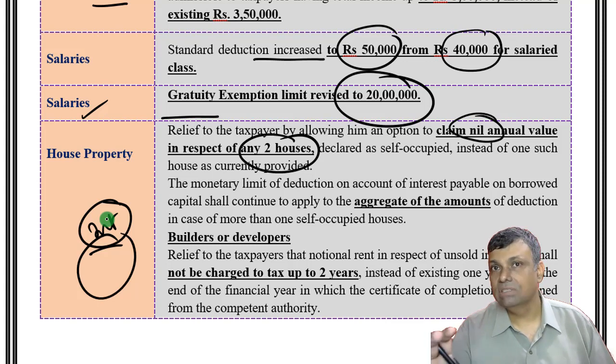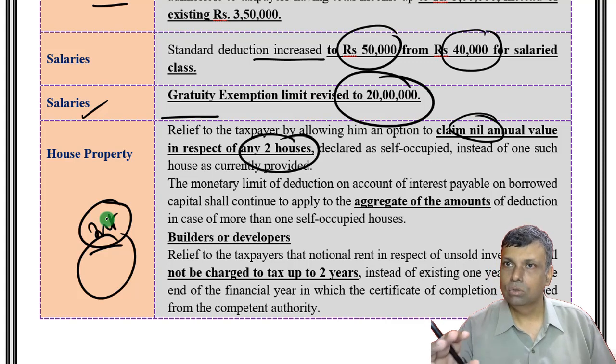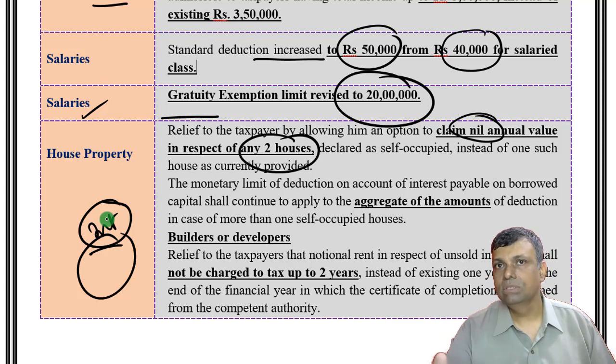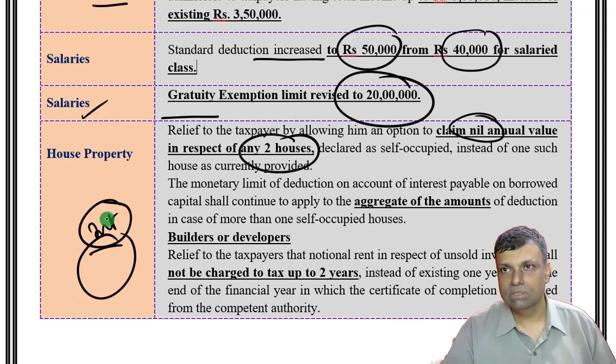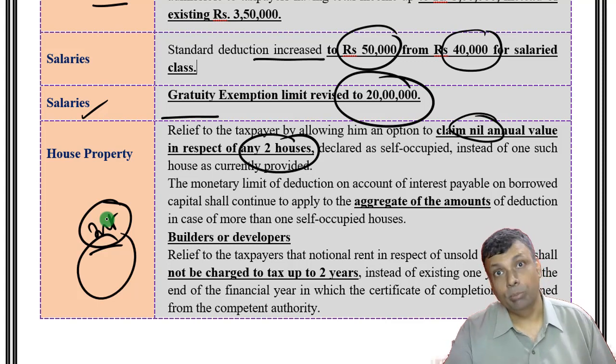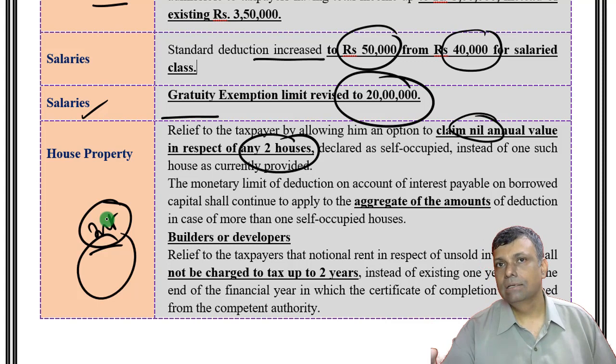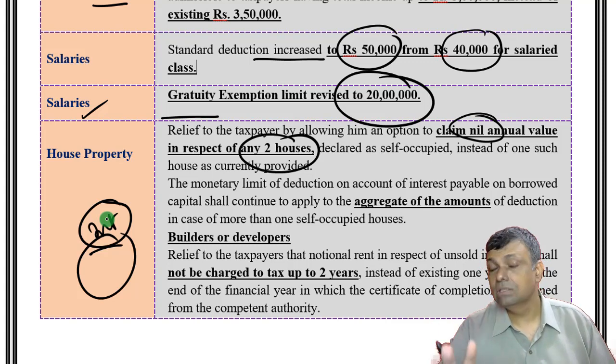So there were two limits: for loans taken for acquisition or construction after a specified date, there was a higher limit for interest against SOP. Otherwise, by default, the normal limit was 30,000 interest deduction. This is only with respect to interest on SOP.